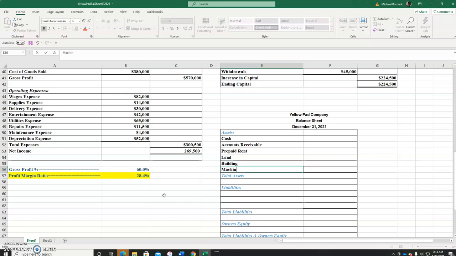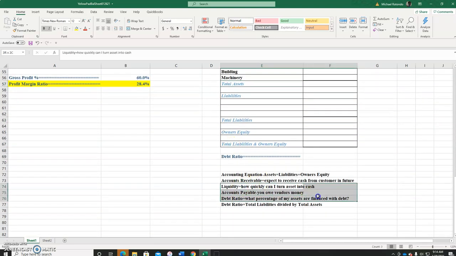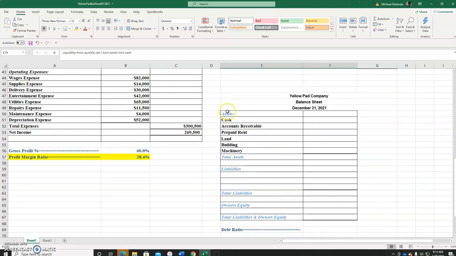So these should be listed in order of liquidity on the balance sheet. And liquidity means how quickly can I turn something into cash. So cash, of course, is cash. That's our medium of exchange. But it should be a lot easier for me to turn a receivable into cash than land.